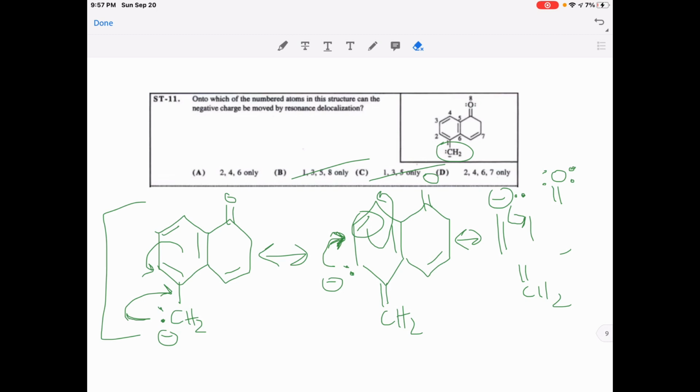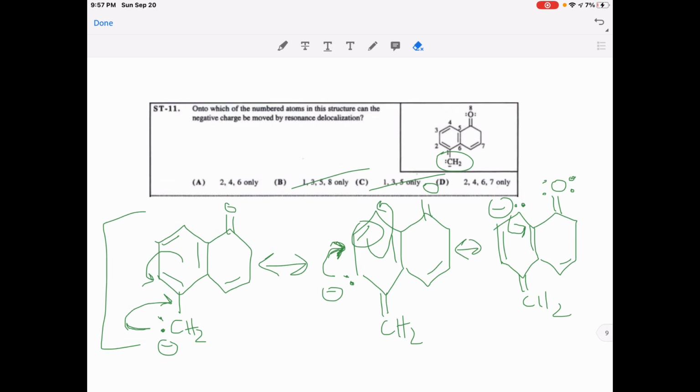Let me just undo it. So our options then are to move it downwards.